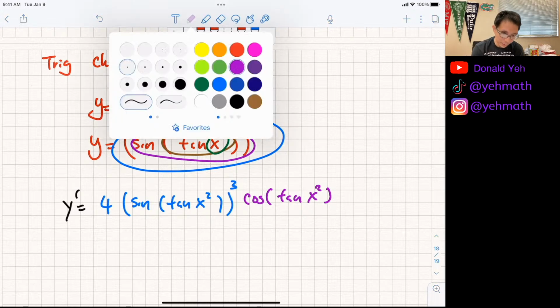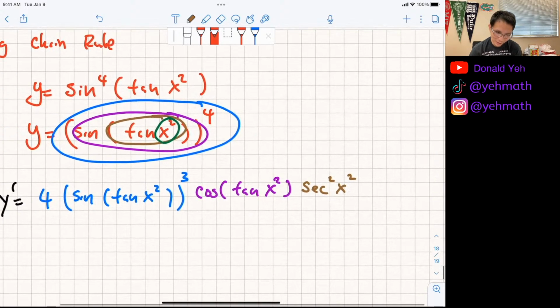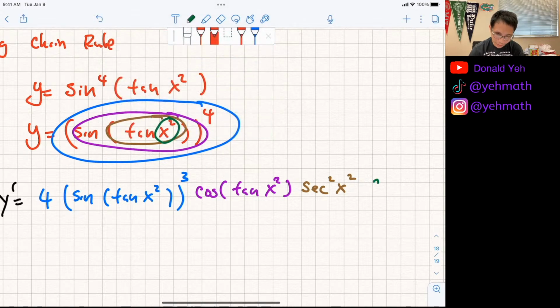Now I'm going to work on the fourth layer, which is the brown, which is tangent x squared. What's the derivative of tan? Secant squared. It's secant squared of x squared, and then take the derivative of x squared, which is 2x.